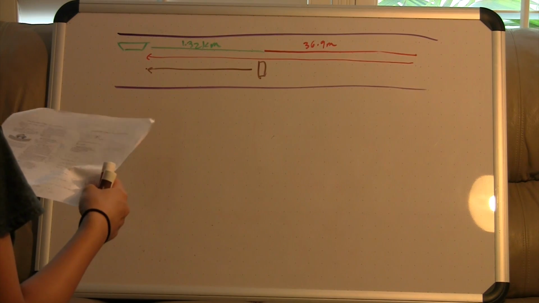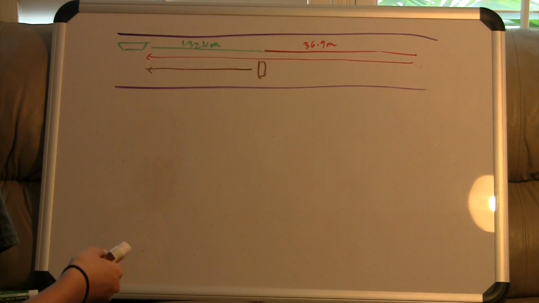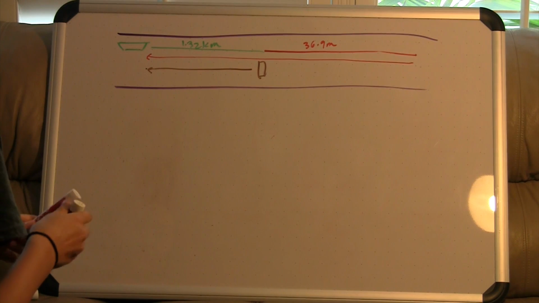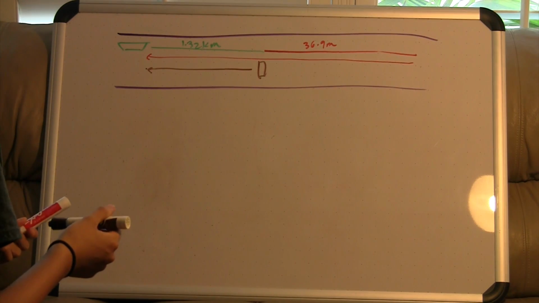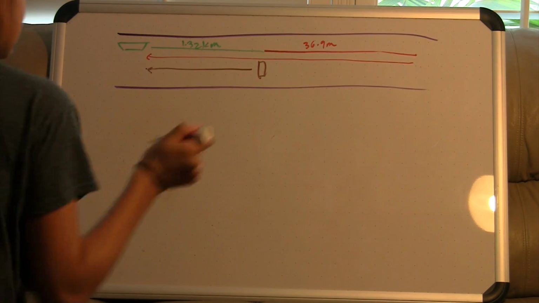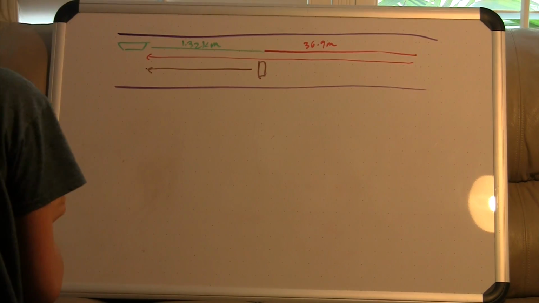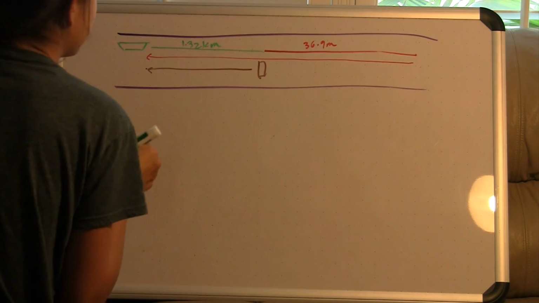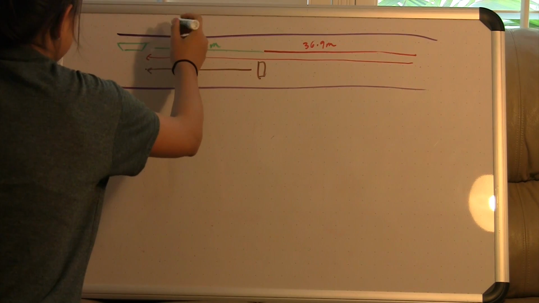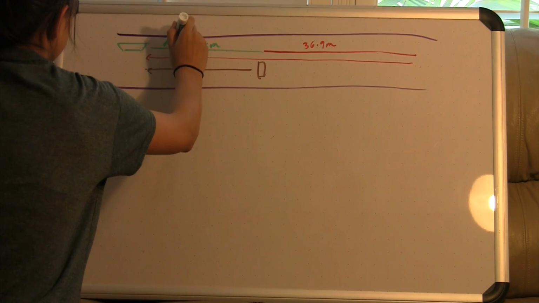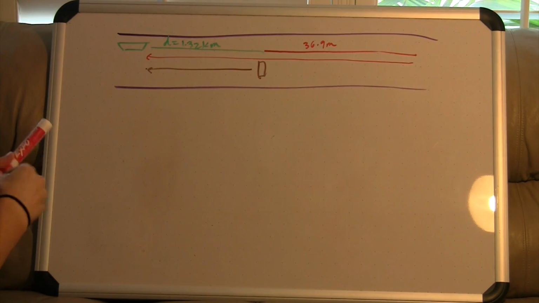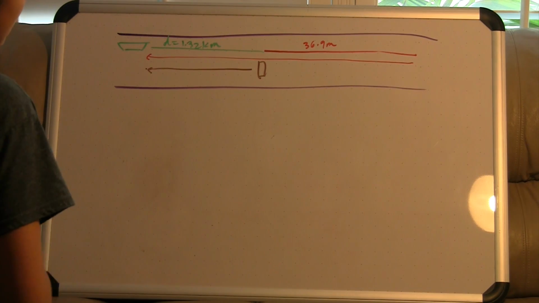So we have a couple of different variables right now. Let's define each of them. Let's call the distance that the boat first travels d. So d equals 1.32 kilometers.